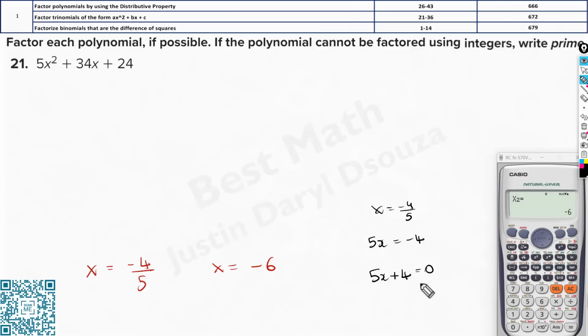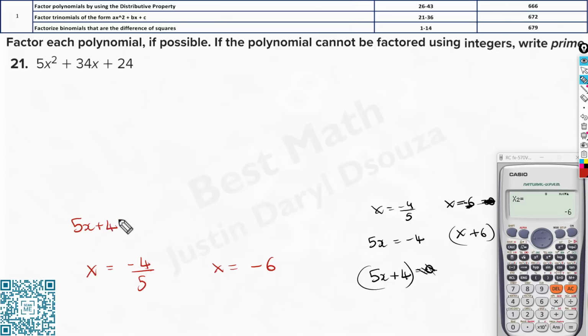That's equal to 0, isn't it? Now this is a factor. We don't write equal to 0. We just want the factor. Whereas the next one, x equals negative 6. Okay. This is wrong. It's minus 6 over here. So now what you do is take it to the other side. It'll be x plus 6. That's it. That's the factor. So now we will write these two factors here.